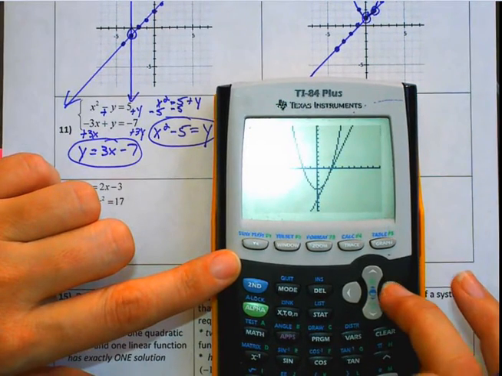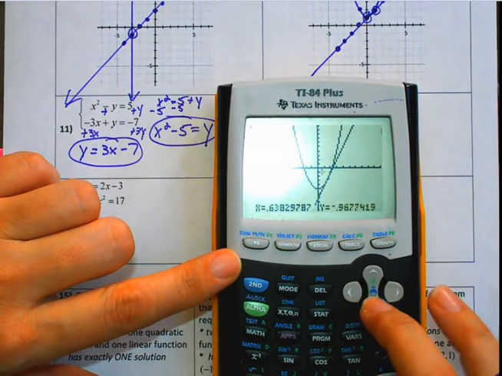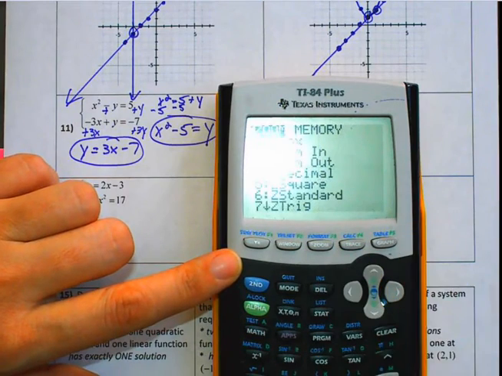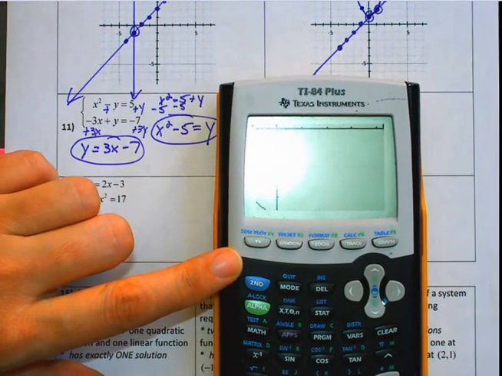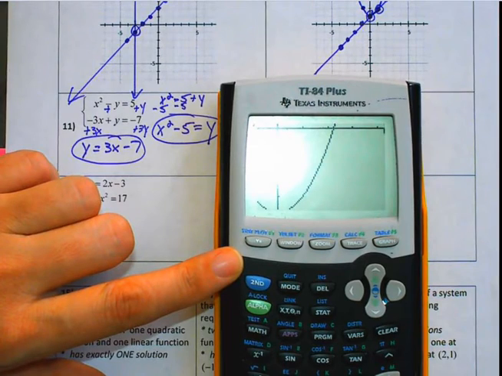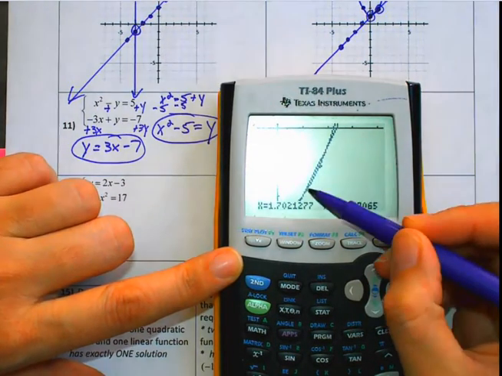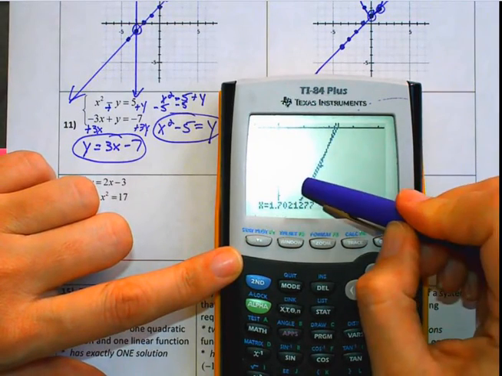And if you move your cursor to exactly where you want it to zoom in, then you can zoom in to that particular point. That's better. Okay, so there are two distinct points. It's very, very slight, but there are two distinct points.